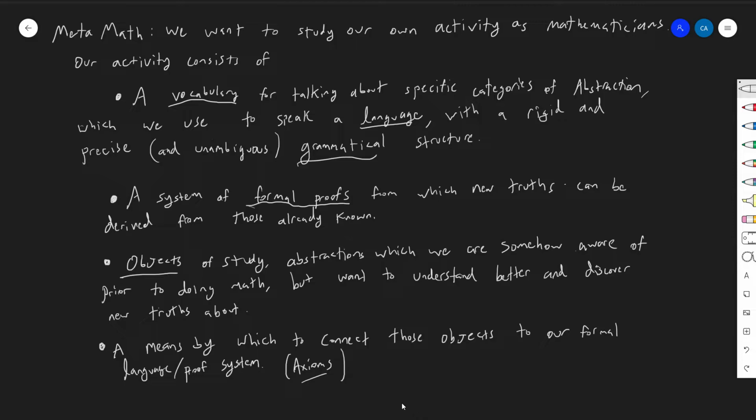The second component, and I'm not going in order of what I wrote down here, is obviously what do we want to study in mathematics? Well, we want to study objects, and by objects I mean abstract theoretical objects. Now, I'm a materialist, so what I just said does not sit well with me.